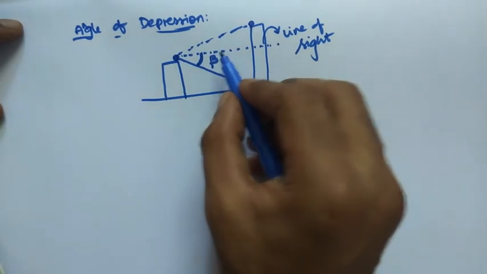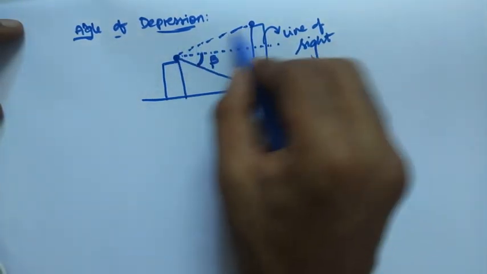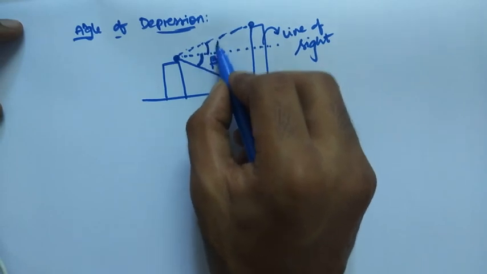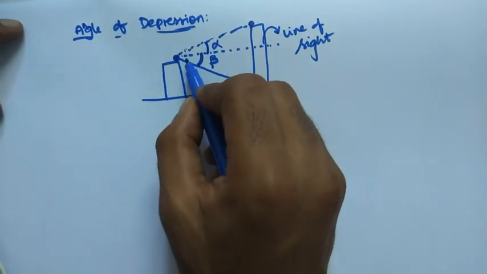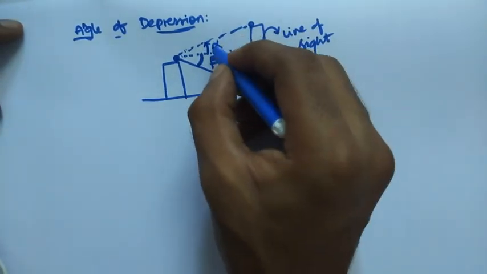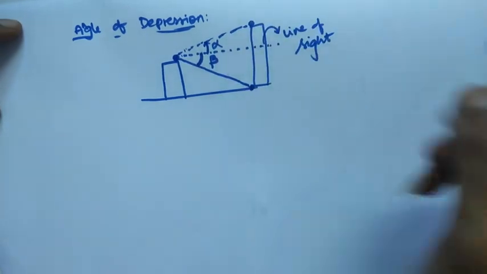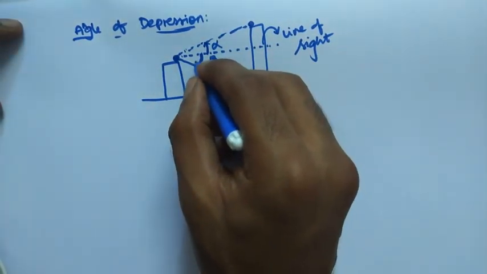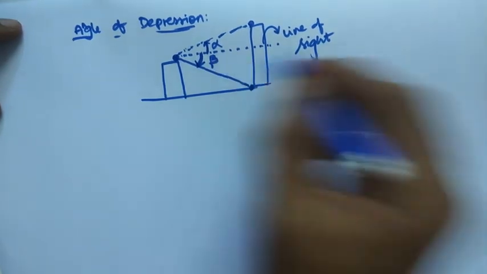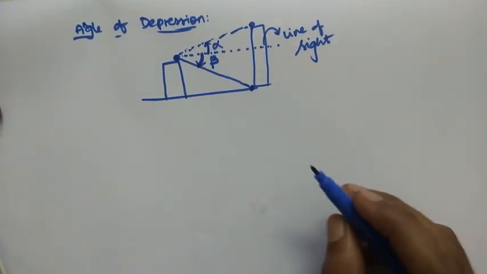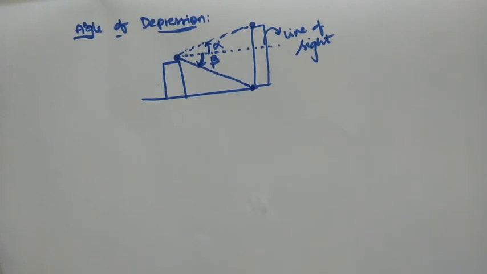Again, the angle measured between this line of sight and the line joining these two points is called the angle of elevation, because he is lifting his head up. If he lifts his head up, it is the angle of elevation; if he bends his head down, it is the angle of depression. These are the basic terminologies we follow while solving problems in applications of trigonometry.